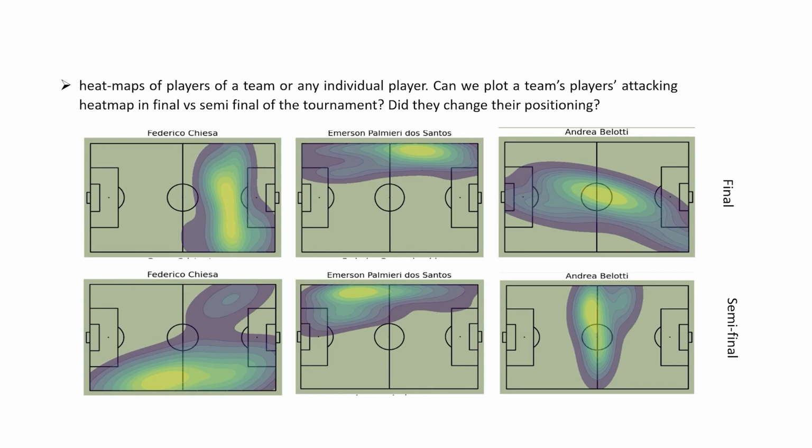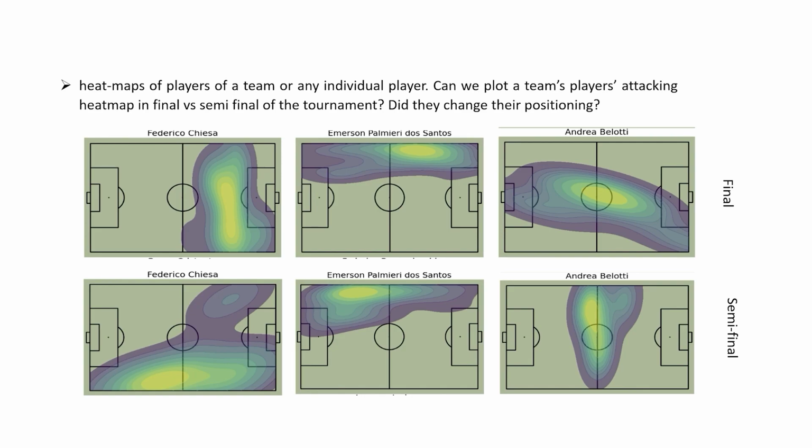From the plots, we can see that Federico Chiesa, being an attacking midfielder or a winger, helped in defense mostly during the semi-final against Spain and spent most of his time in the defensive half, but he was given a different role and was seen in the attacking half only during the final against England and never crossed the half line.